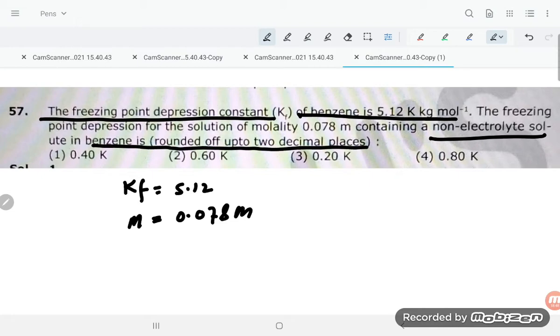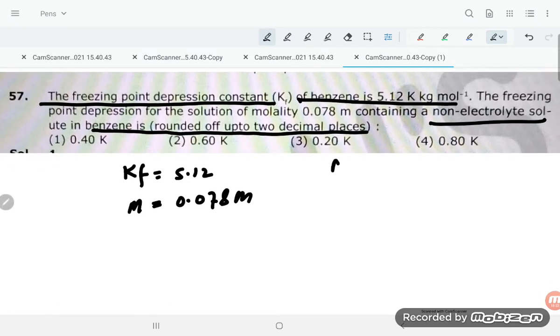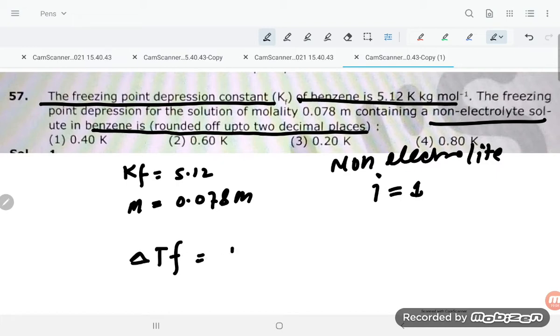Okay, so this much is given, students. It is a non-electrolyte, so van't Hoff factor i is equal to 1. We know, student, delta Tf is equal to i into Kf into m.